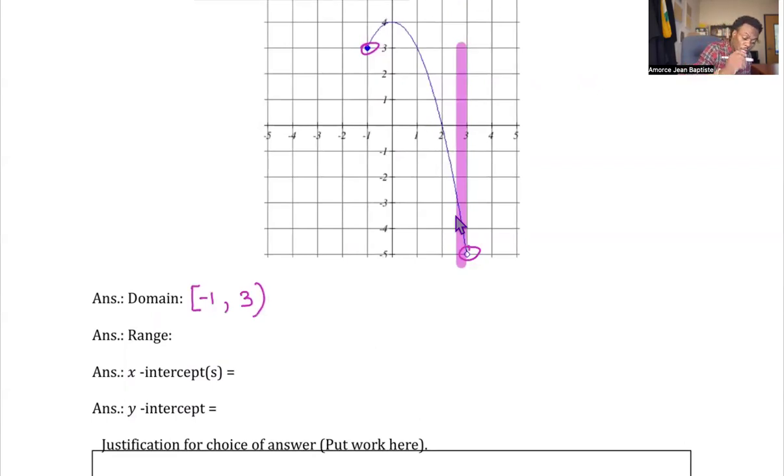Now we're going to do the bottom up, which will be the range of the graph. From the bottom, you see there's an open circle here at -5, so y equals -5.